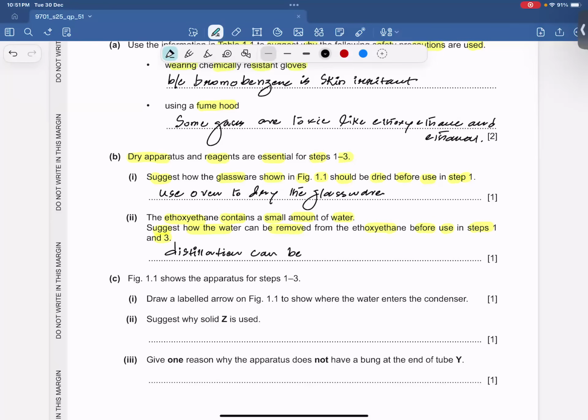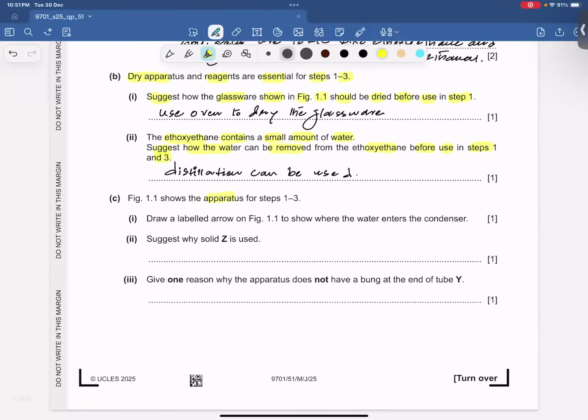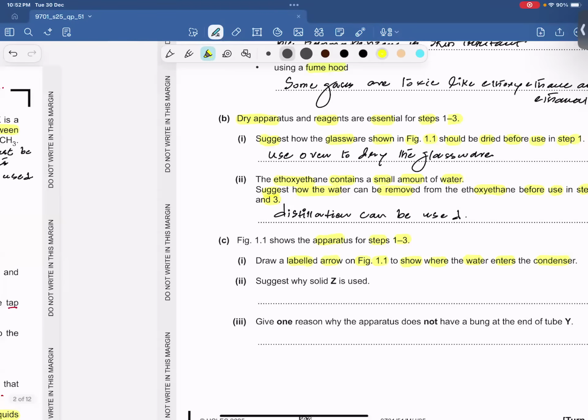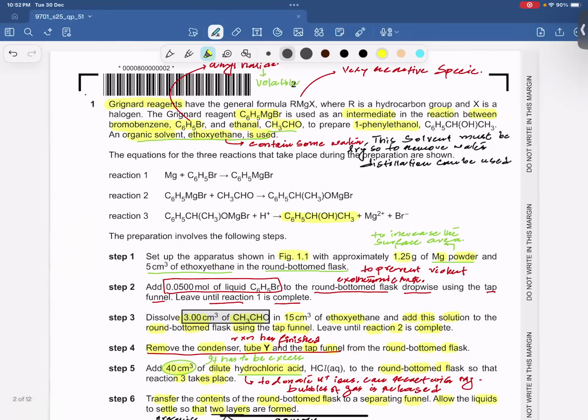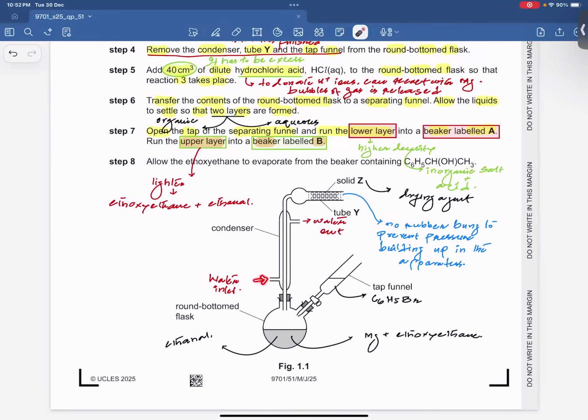Distillation can be used. Figure 1.1 shows the apparatus for step 1 to 3. Draw a labeled arrow on figure 1.1 to show where the water enters the condenser. So that's what I have done here. That's the point where water enters the condenser, and that's the point where water comes out from the condenser.